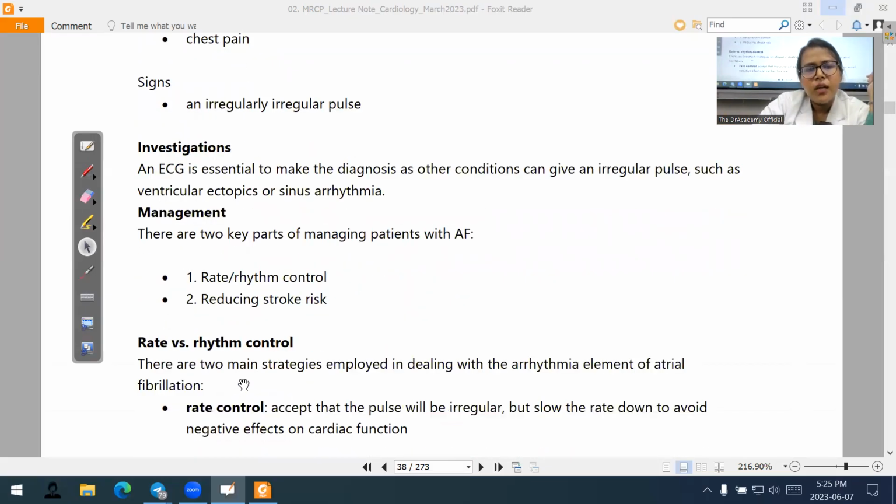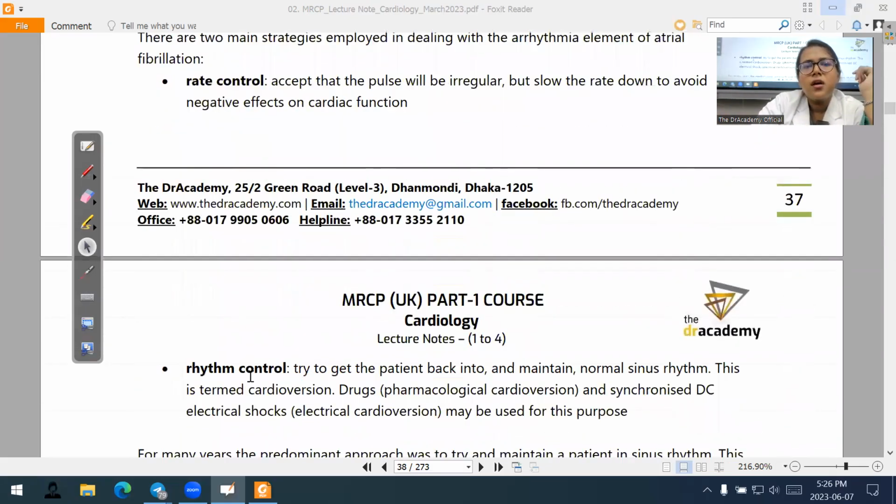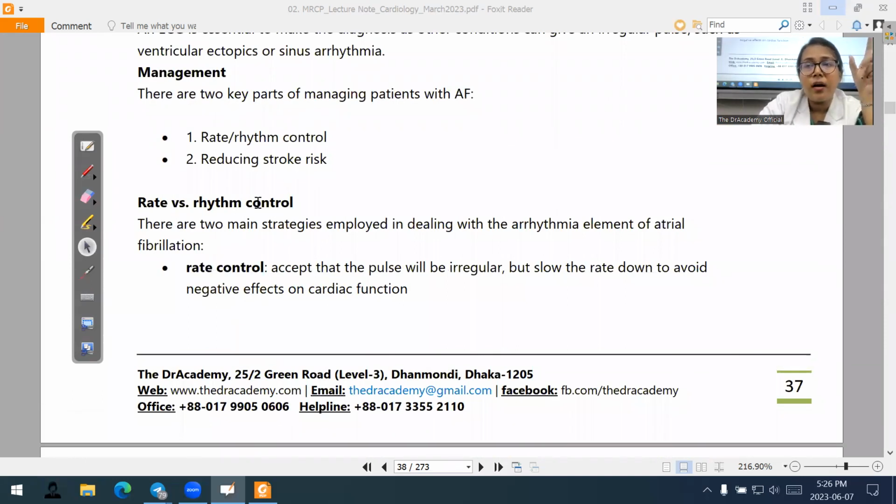So there are some risks regarding the rhythm control strategy, okay? When we try to make the patient go back to sinus rhythm, during that time period is when the most risk of thromboembolism takes place. When the heart is in an irregular rhythm, that is how the heart is habituated, and all of a sudden you have cardioverted the patient, okay?